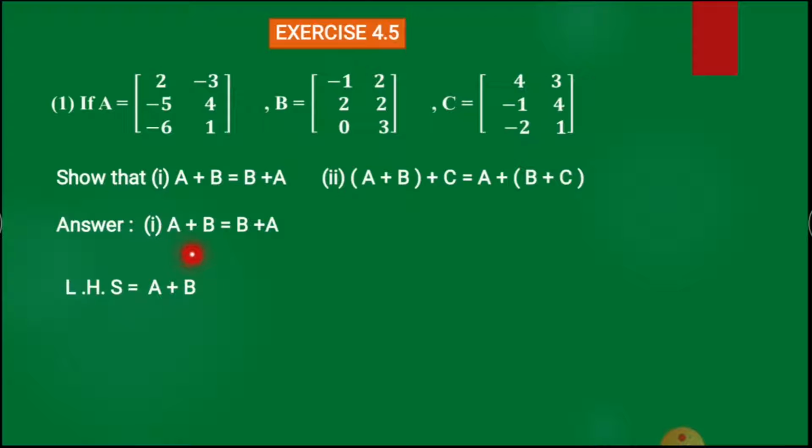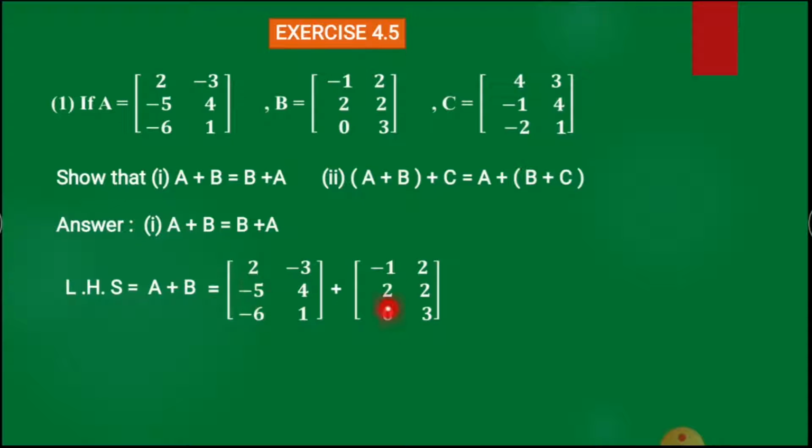So LHS is A plus B, that means we have to add matrix A with matrix B. So we substitute first matrix A and matrix B. Then while adding two matrices, their order must be the same. So here order of matrix A is 3 by 2, order of matrix B is 3 by 2. So while adding the matrices, we have to add corresponding elements.